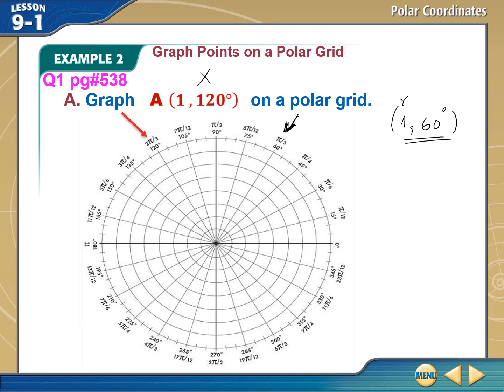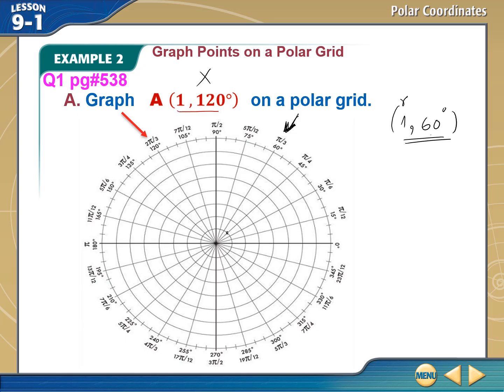The first circle is here, and this line refers to 60 degrees. So just make a point on the 60 degree line. This is the point which you required: r equals 1 and theta is 60 degrees.